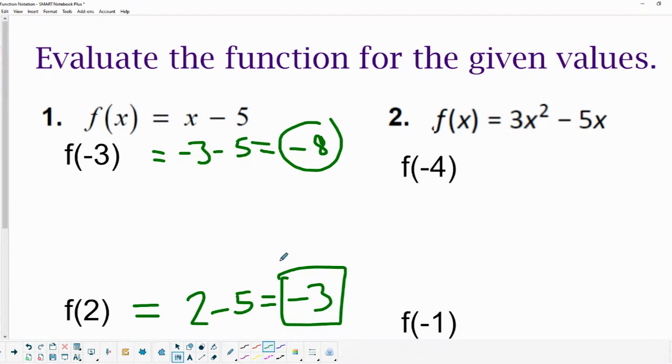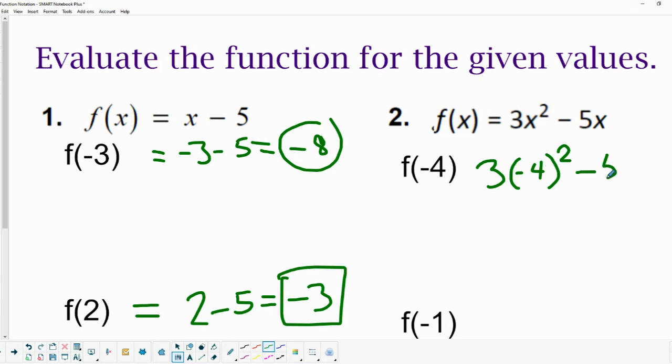Here's a little bit bigger function. Now, it's got an exponent in it, so this one, if we were to graph it, would not be a linear function, but it's still a function. So let's evaluate it. 3 times negative 4, and I'm putting that in parentheses, squared, because if this is negative 4, then I have to square the whole thing, not just the 4.